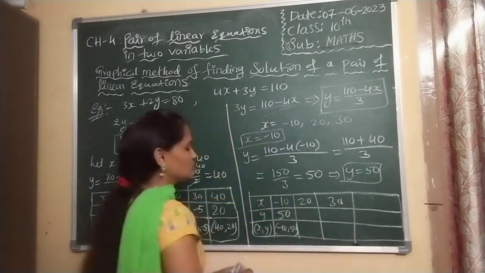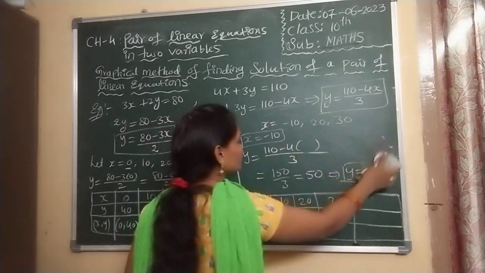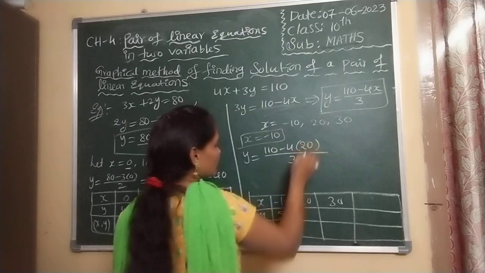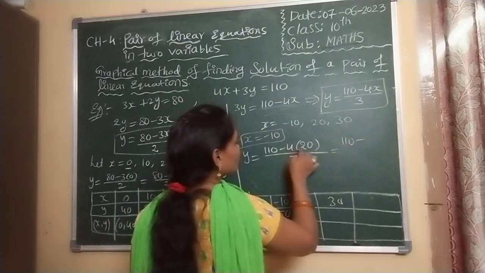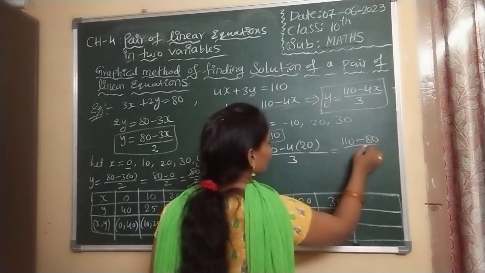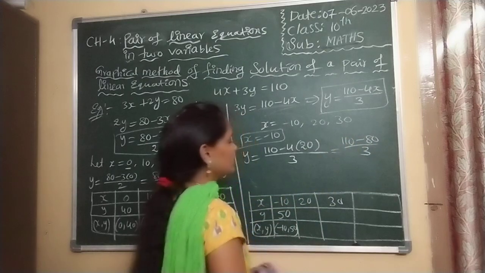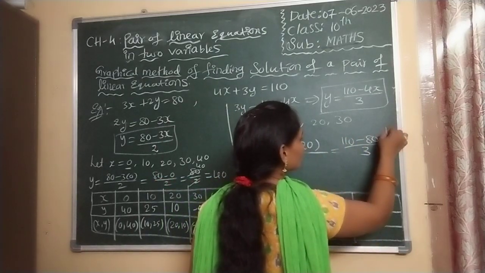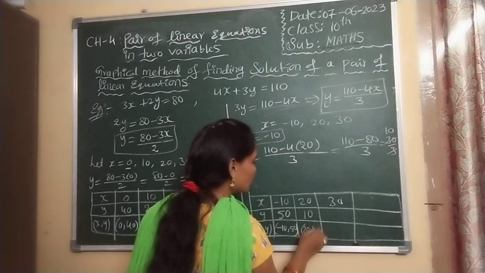If you substitute 20, what will you get? Here only I am doing. For x is equal to 20, what will you get? 110 minus 4 twenties, 80, by 3. Means 20 plus 10, 30. So 30 by 3. 3 tens are 30. So here 20 comma 10.